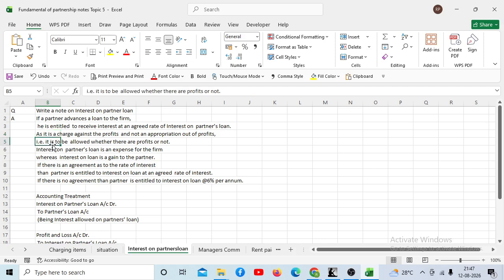That is, it is to be allowed whether there are profits or not. Interest on partner's loan is an expense for the firm, whereas interest on loan is a gain to the partner. If there is an agreement as to the rate of interest, then partner is entitled to interest on loan at an agreed rate of interest. If there is no agreement, then partner is entitled to interest on loan at the rate of 6% per annum, right? You know already this concept, right?